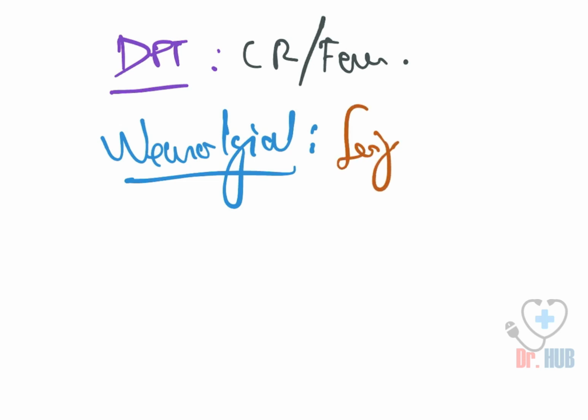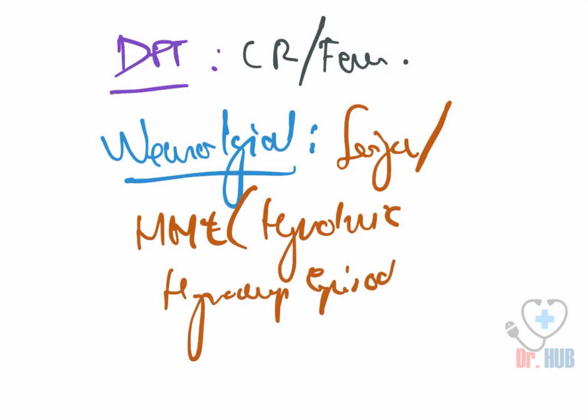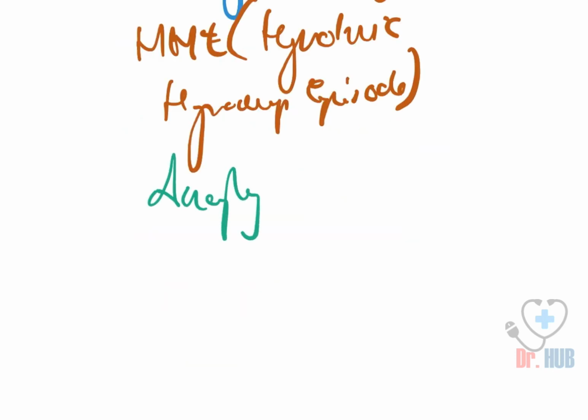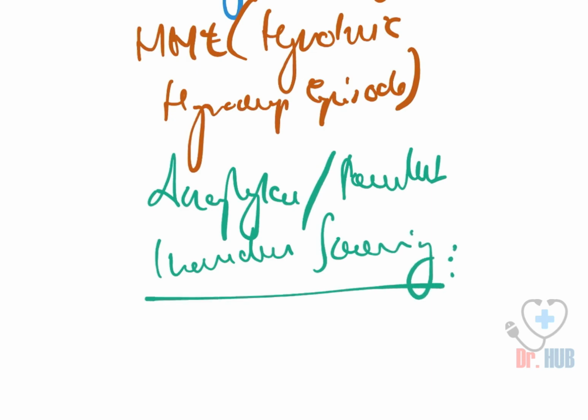So these include the presence of seizures, HHE, that is the hypotonic hyporesponsive episode, next is the anaphylaxis as well as persistent, inconsolable screaming. So these are the minor aspects of the DPT.